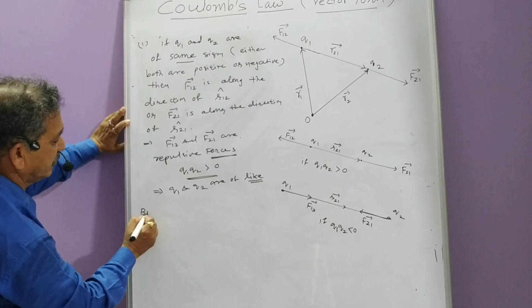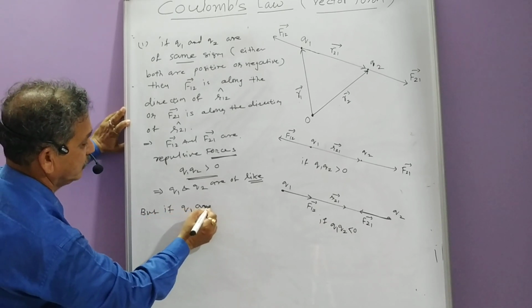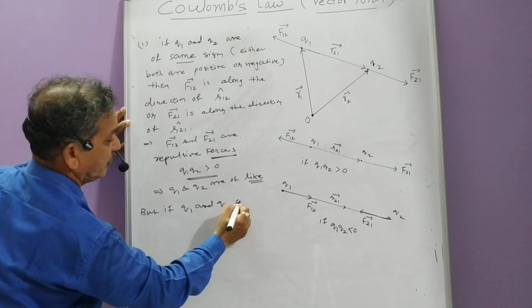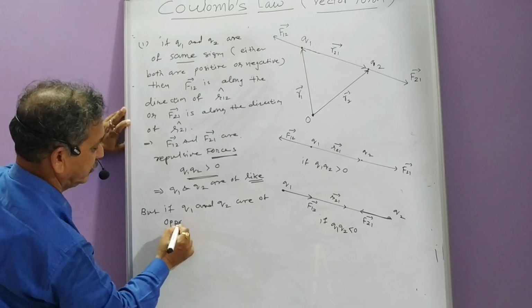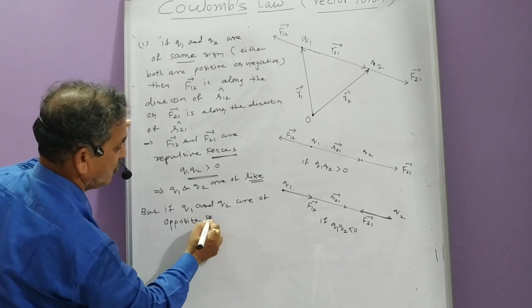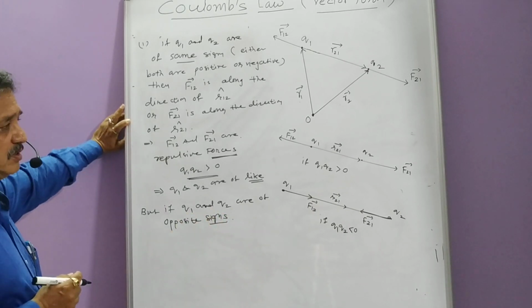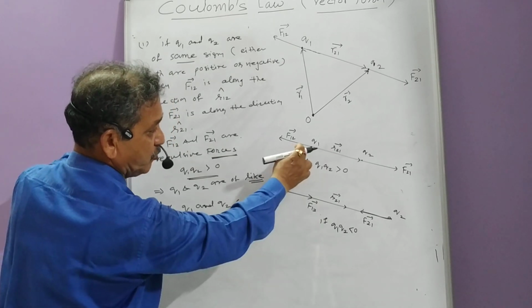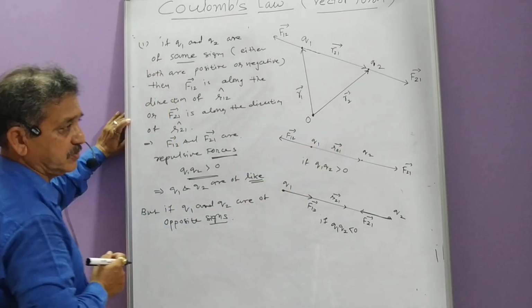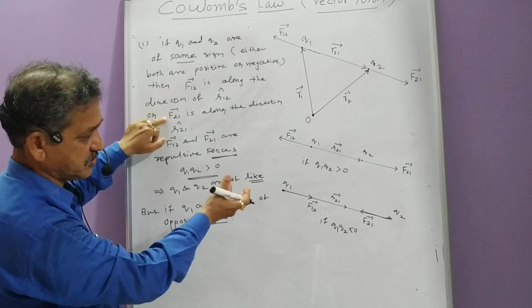But if Q1 and Q2 are of opposite signs, what does it mean? If Q1 is positive and Q2 is negative, or if Q1 is negative and Q2 is positive, then the direction of this force F21 will be reversed.